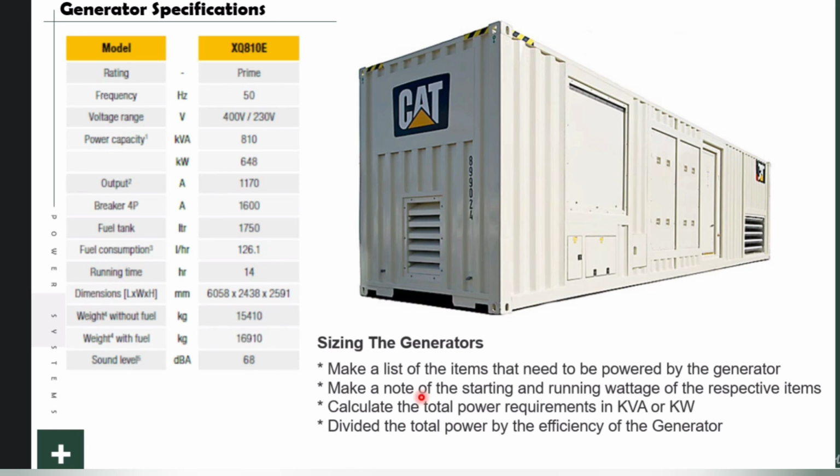After that, divide the total power by the efficiency of the generators. That means if the efficiency of the generator is 20%, I must divide the total power by this percentage to get the final size of the generator.